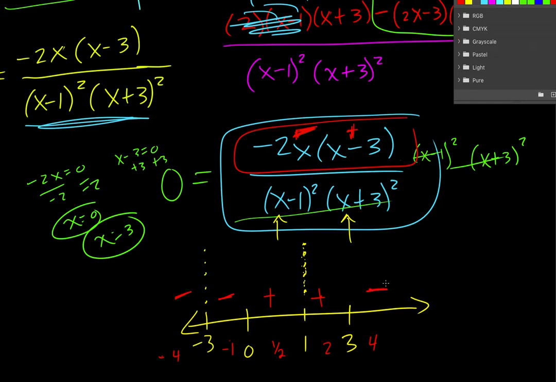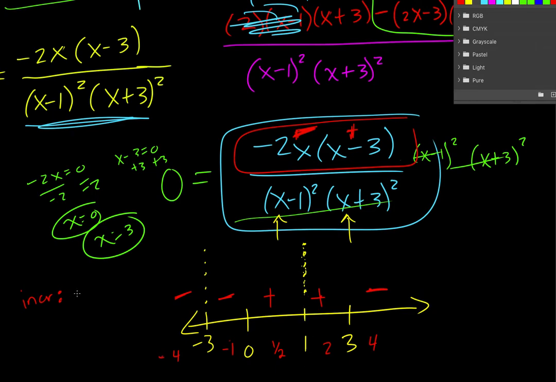Okay? And so what happens is we're decreasing over these intervals with the negatives, and we're increasing for the other ones. But the way that we're going to write it, so like increasing, we're going to say from 0 to 1, not including 1 though, because it's an asymptote.